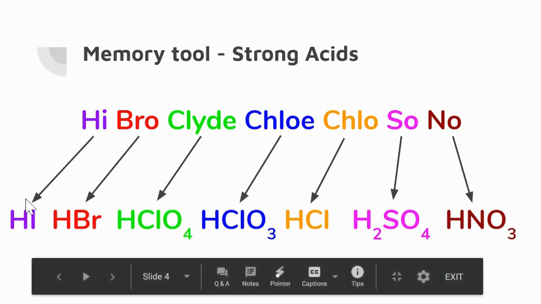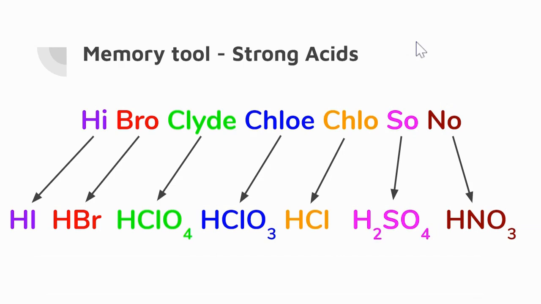So hi is HI, bro is HBr, Clyde is HClO4, and the Y here is kind of like a 4 if you write your 4s so they look sort of like a Y. Chloe is HClO3, and 3 rhymes with E, and then Chloe is just the HCl. So H2SO4 and no HNO3, nitric acid. So that was how she remembered her 7 strong acids.